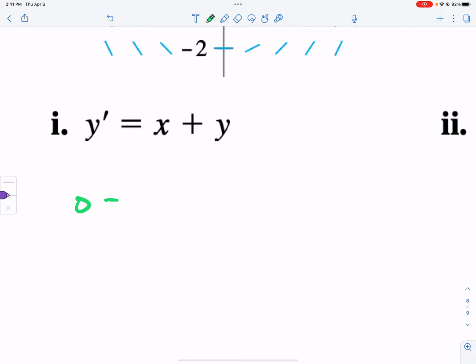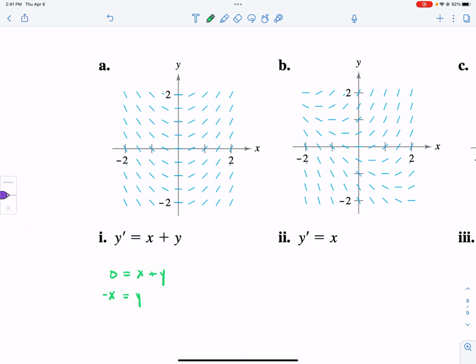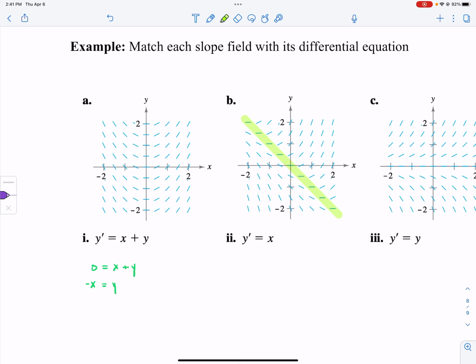Like where is y prime equal to 0? For this one, it would be where y is equal to negative x. So along the line y equals negative x. So looking at which of these graphs has tick marks with a slope of 0 along the line y equals negative x, that would be for b.